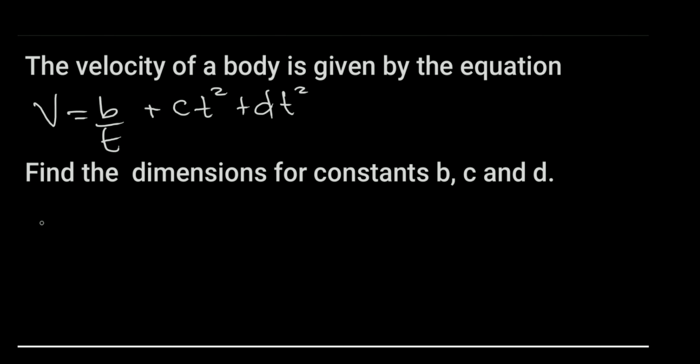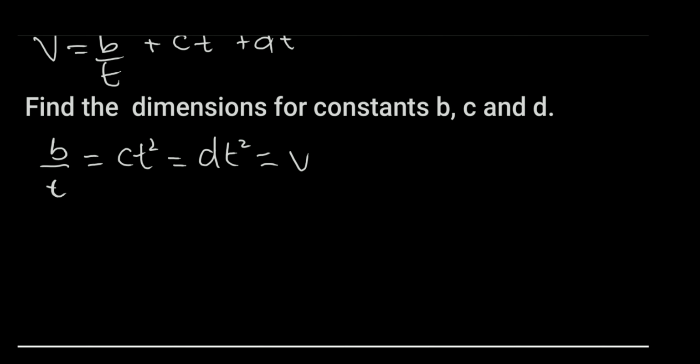That is to say, b over t is the same as ct squared, and it's also the same as dt squared. This is equal to our left hand side, which is v. Alright, so we solve for b, c, and d.